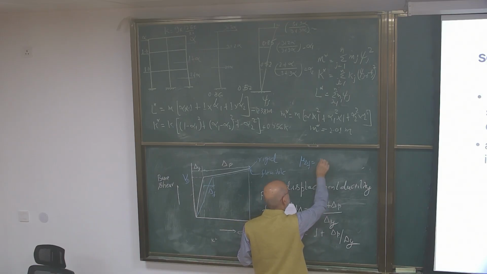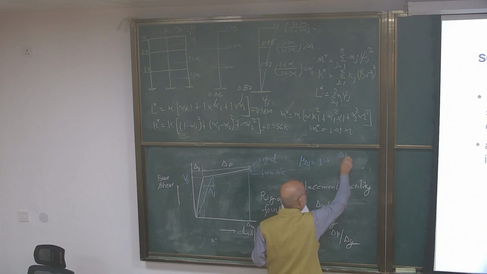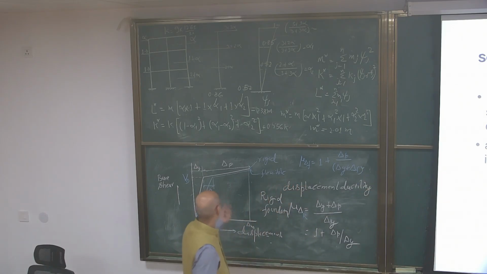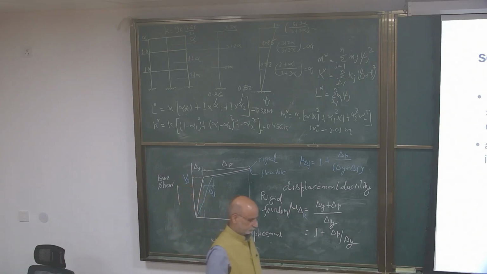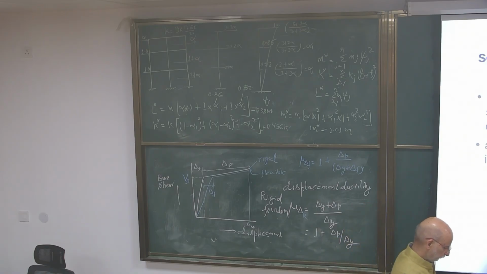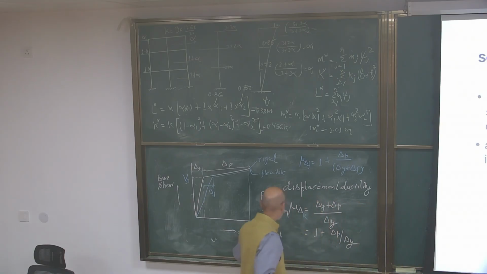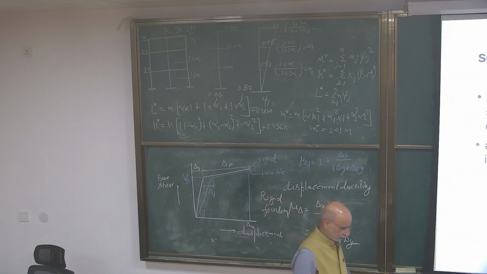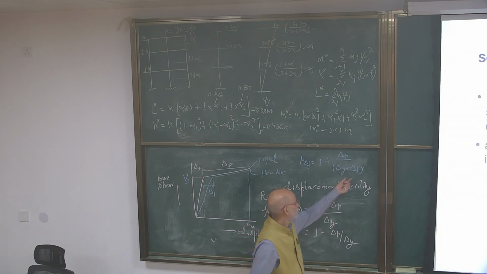So the numerator becomes delta P, and the denominator becomes delta Y plus delta F. This is shifting, so the total remains the same. If delta M is known to you, accordingly you can replace it. If your flexibility is 0, so delta F is 0, you should get the same result.